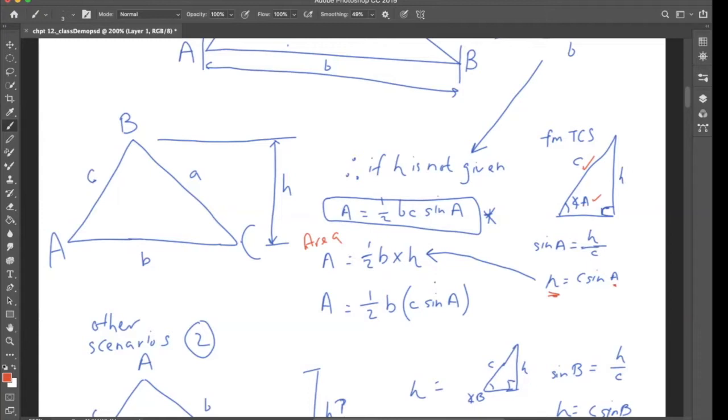So having found H, C sine A, area will be half B, open bracket, C sine A, close bracket. Okay, so this is when H is not made available to us, and then we have to solve for H.